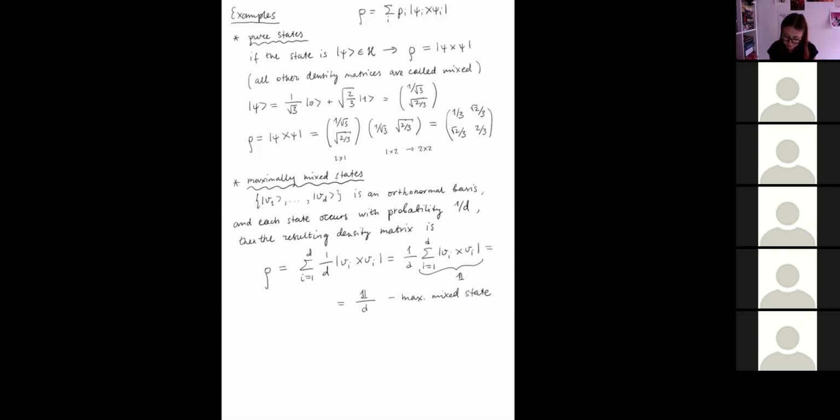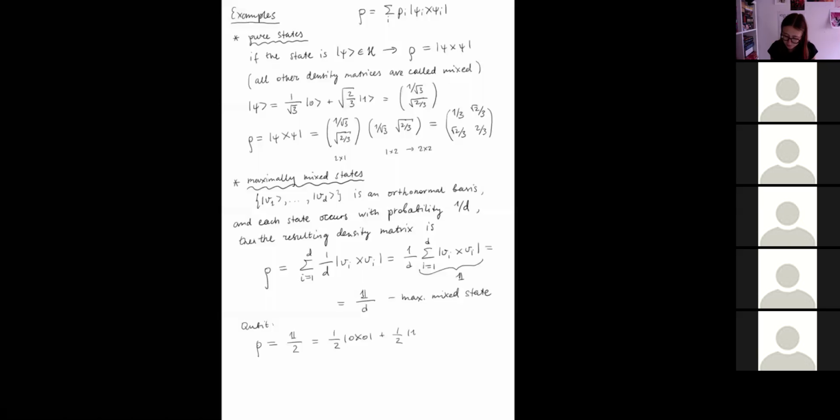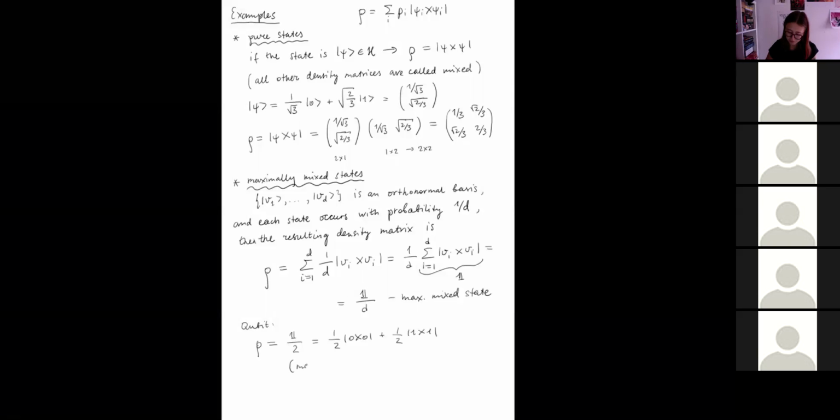For example, for a qubit, the maximally mixed state would be the identity over 2, which in terms of the 0, 1 basis we can write as 1/2 |0><0| plus 1/2 |1><1|. So this is a mixed state for qubits.